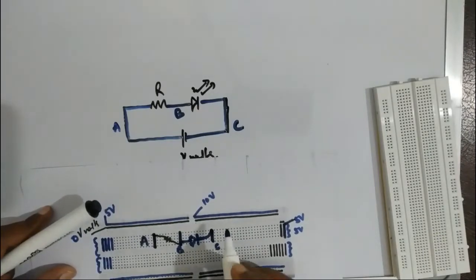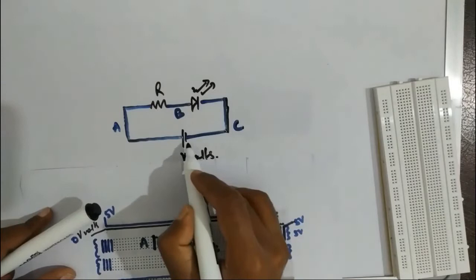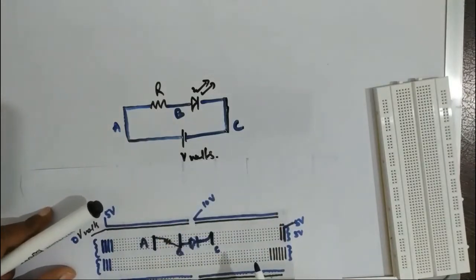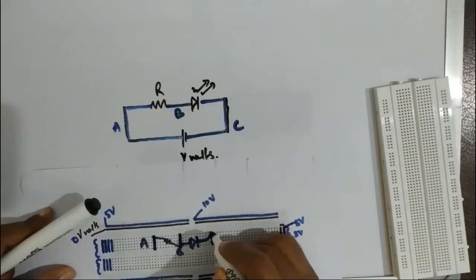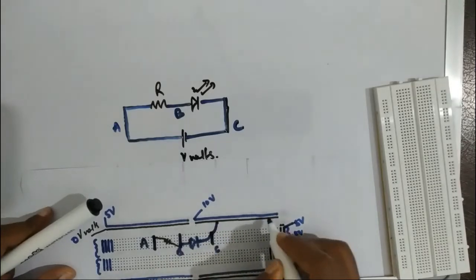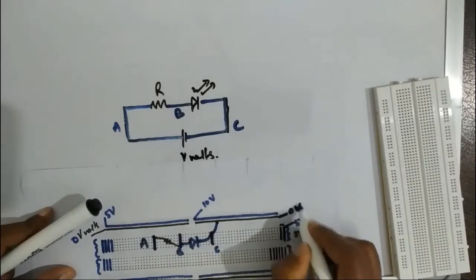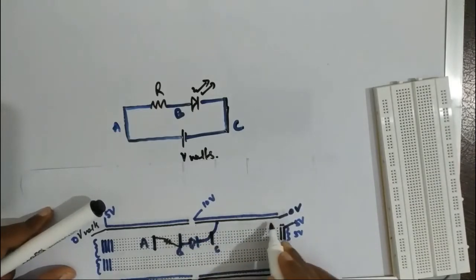Now C is connected to the negative part of the voltage, so we can simply connect it here and give 0 volt to this, and any of these ports will be at 0 volt.